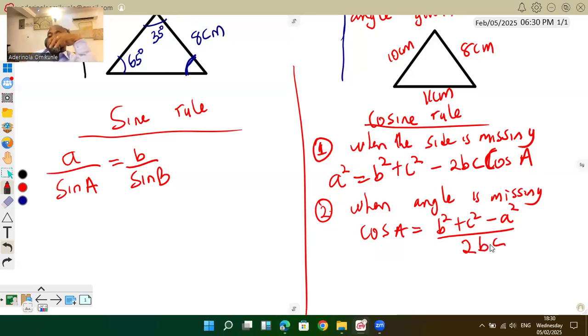So this is the formula we use for either option that we're trying to carry out. Okay, so that's the sine rule formula and that's the cosine rule formula.